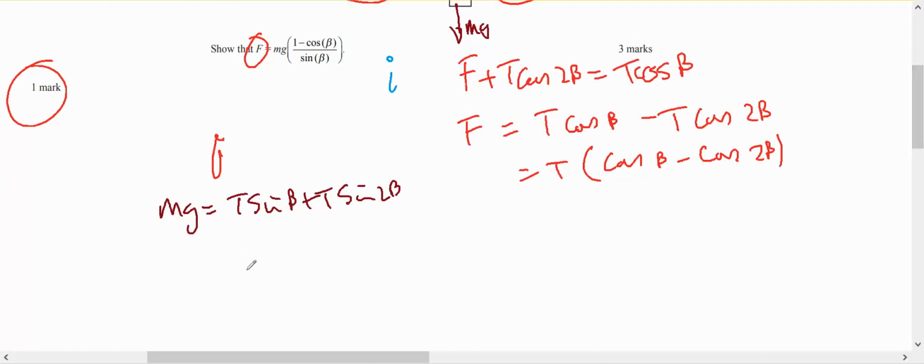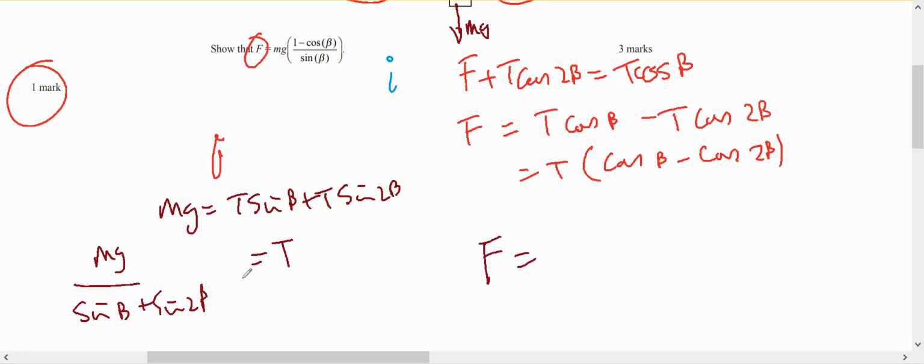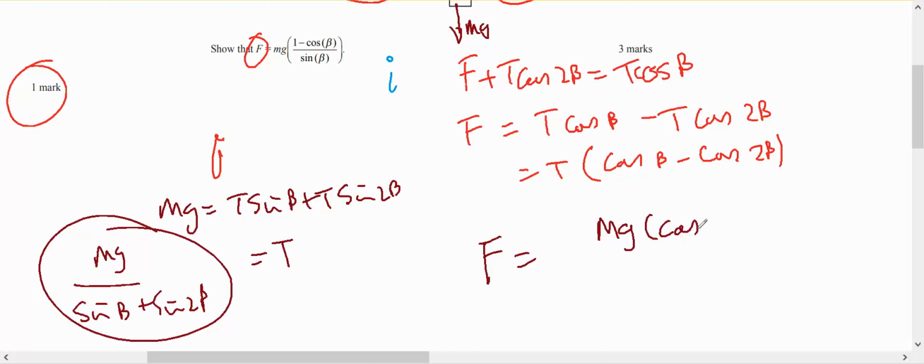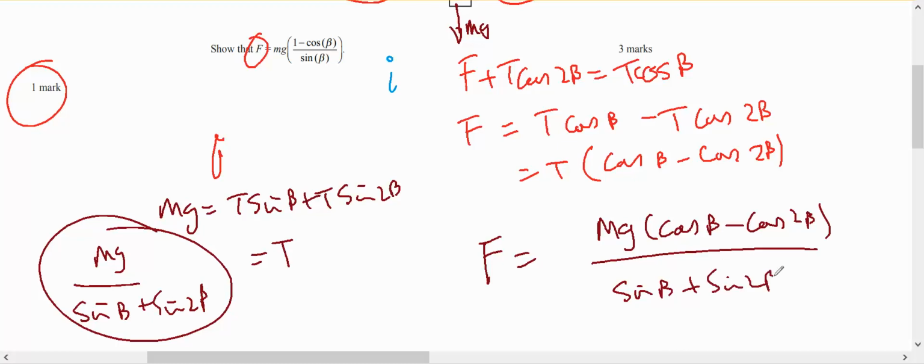So I'd like to say that T equals mg on top of sine of beta plus sine of 2 beta. Therefore, F equals, this is T, mg (cos of beta minus the cos of 2 beta) over (sine of beta plus sine of 2 beta).